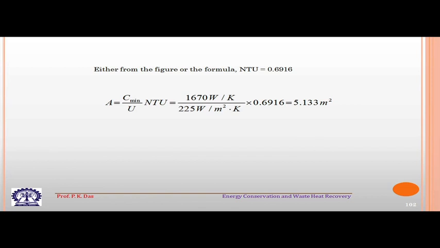We have used a typical heat exchanger for which the F value can be obtained from the chart, and the effectiveness NTU relationship has to be given to us either through a formula or through a chart. So, from there we can determine the required surface area, and obviously in both the cases we are getting the same surface area because we are doing the calculation for the same heat exchanger.